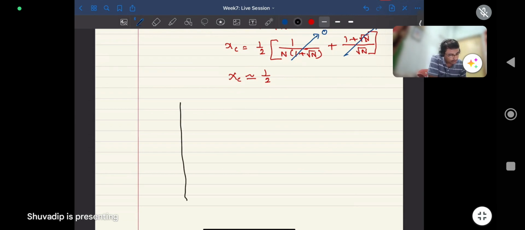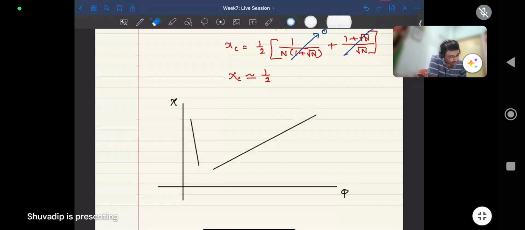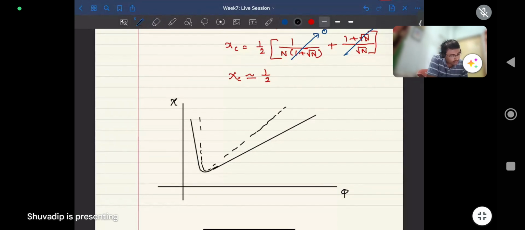So in this case the chi versus phi plot will be a non-symmetric curve, something like this. And there will be a metastable region in between spinodal and binodal. So this is binodal, this is spinodal, and this region is metastable, this is unstable.